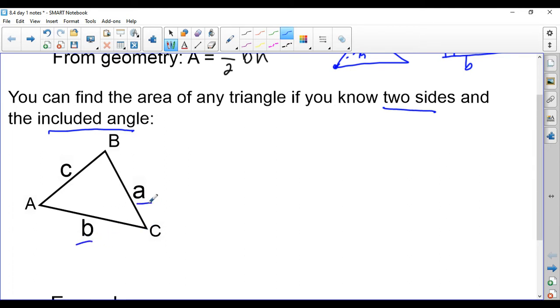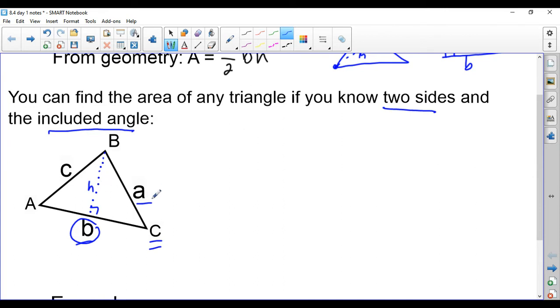Say that I know these two sides, A and B, and the angle C that is included between them. If I know those values, I could draw in an altitude, for example, here. Right now, the base of this triangle is B, and my altitude is this length H. If I know that length H, I can find area.